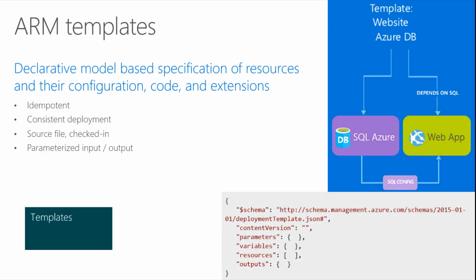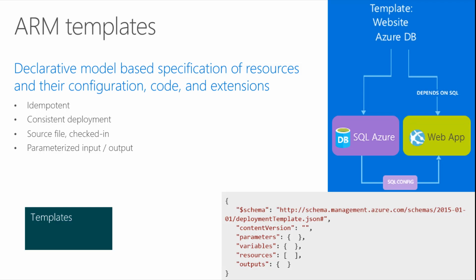We have a whole module on ARM templates. Again, just a quick little review, a couple slides here. But make sure you watch the ARM templates session, where we drill pretty deeply into each of these things. ARM templates are very simple. Again, if you didn't see this session, I'll talk about the word idempotent. You'll never use this outside of Azure.